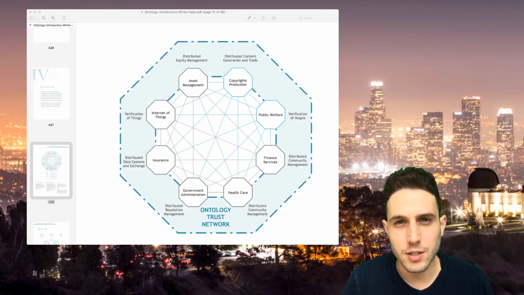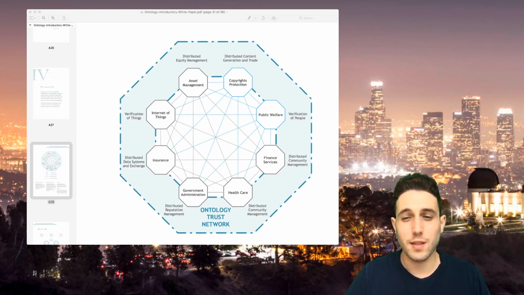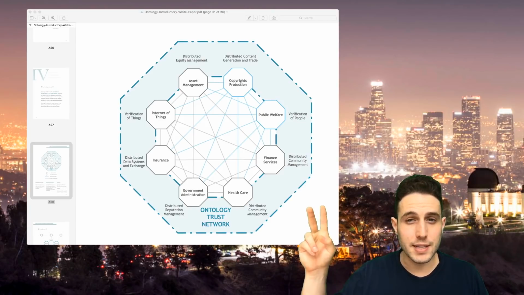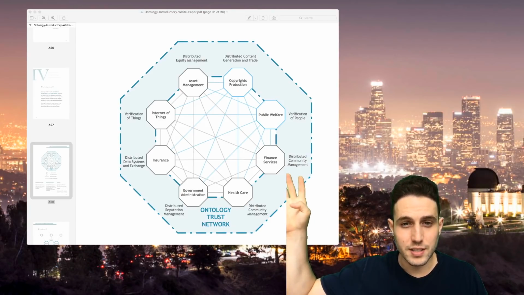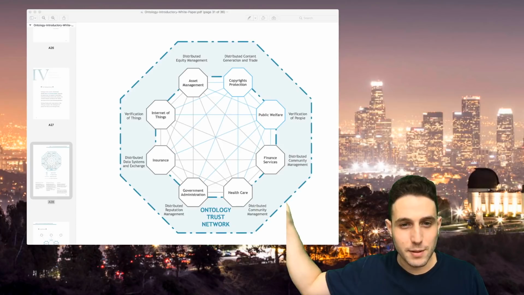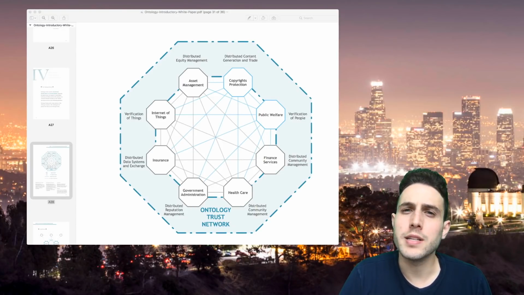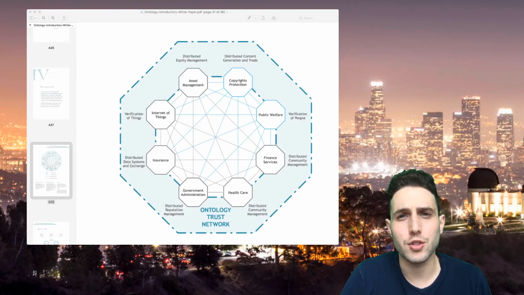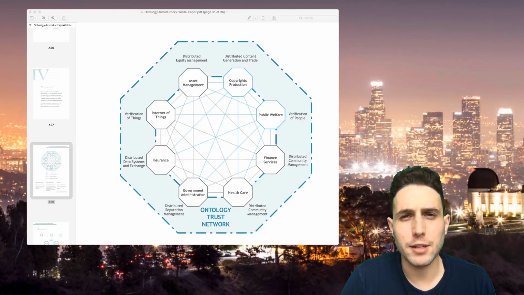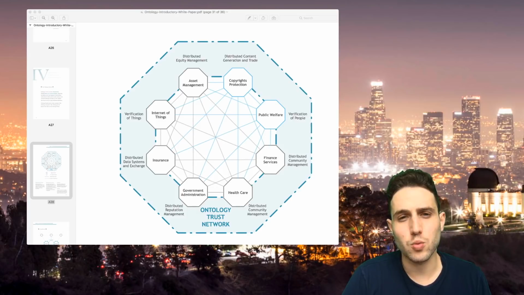It is clearly an Ontology focused project when it deals with asset management, copyright protection, public welfare, finance services, healthcare, government administration, insurance, Internet of Things. These are the areas where Ontology will be called upon. These are the areas that Ontology has sought out to bring and implement trust. And I believe this is why I feel so strongly that they are working with the Chinese government.